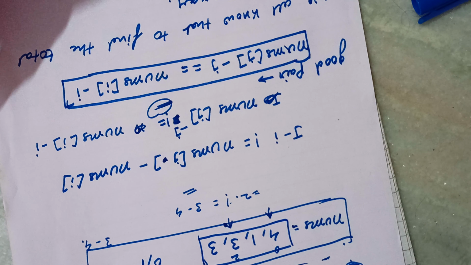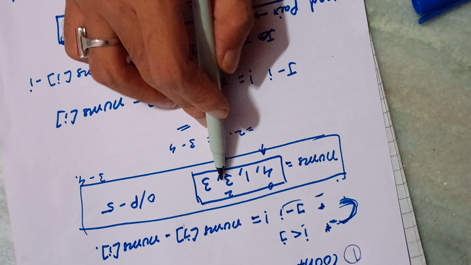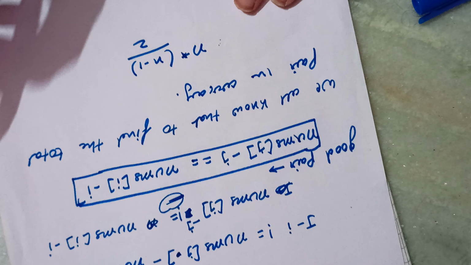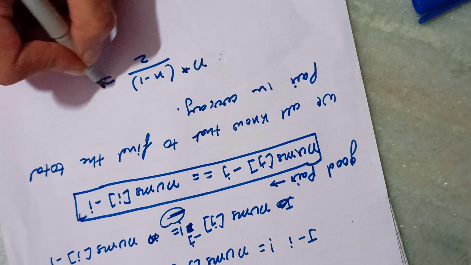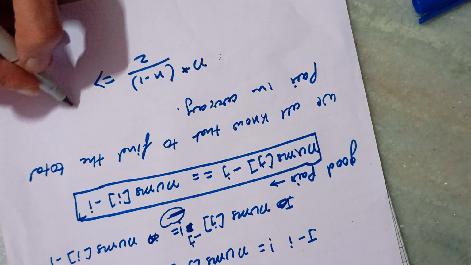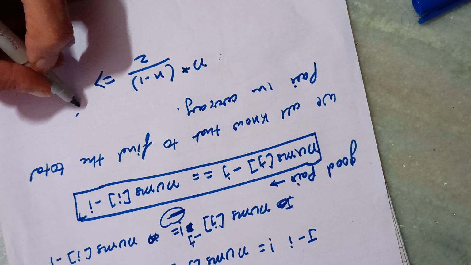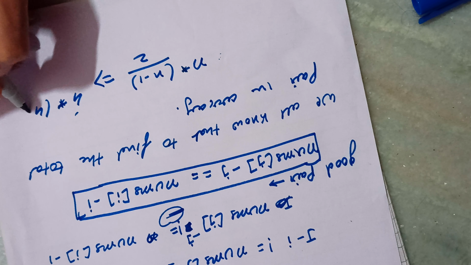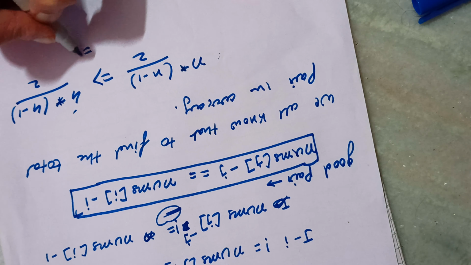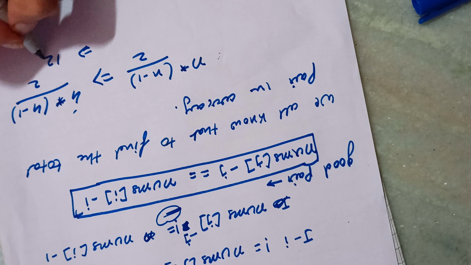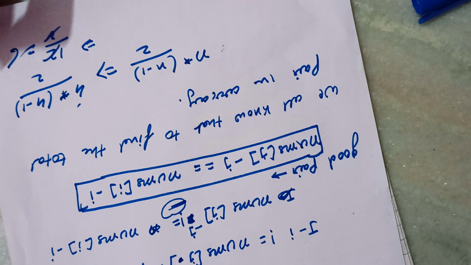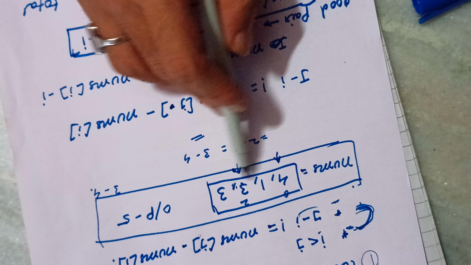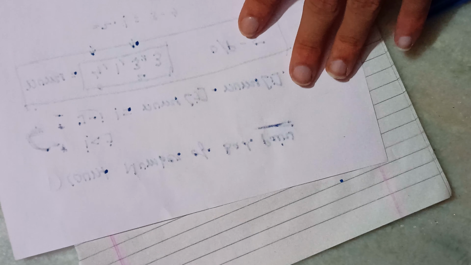For that we use this formula: the size n is 4, so 4 into 4 minus 1 divided by 2, which is 12 by 2, so 6. In total, we can make 6 pairs from this formula.